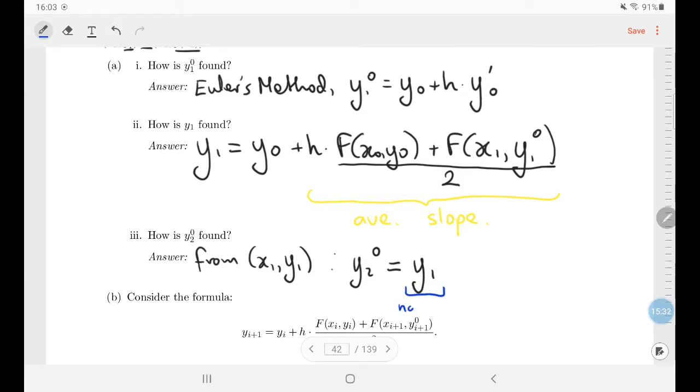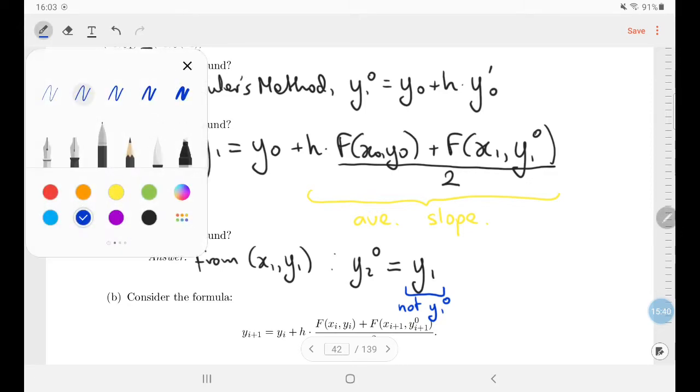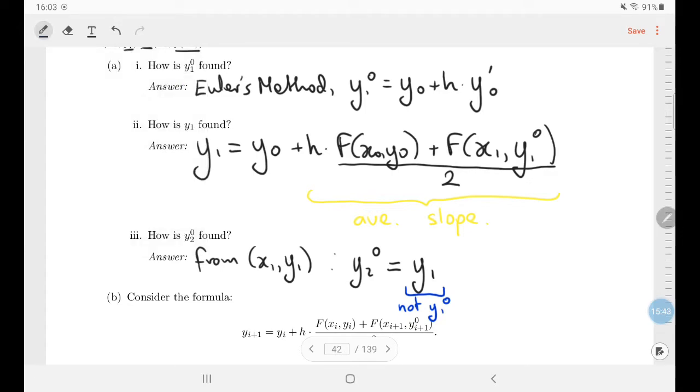It's not y10. We'll go up to the picture at the top after I finish writing here and explain why that's really important. That's going to be the mistake that most of you are going to make. Plus step size times previous slope. I can't really just write y dash of 0 here, so I need to say the slope at the previous point. And again, this should be y1, not the predictor.